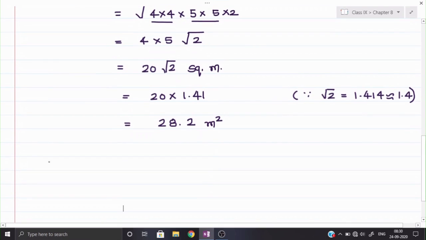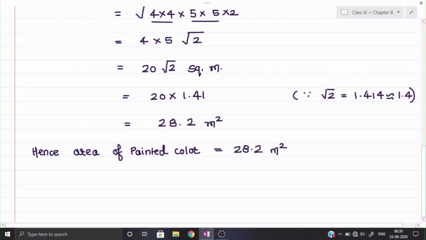At last we'll say that hence area of painted color is equal to 28.2 meter square. This is your answer.